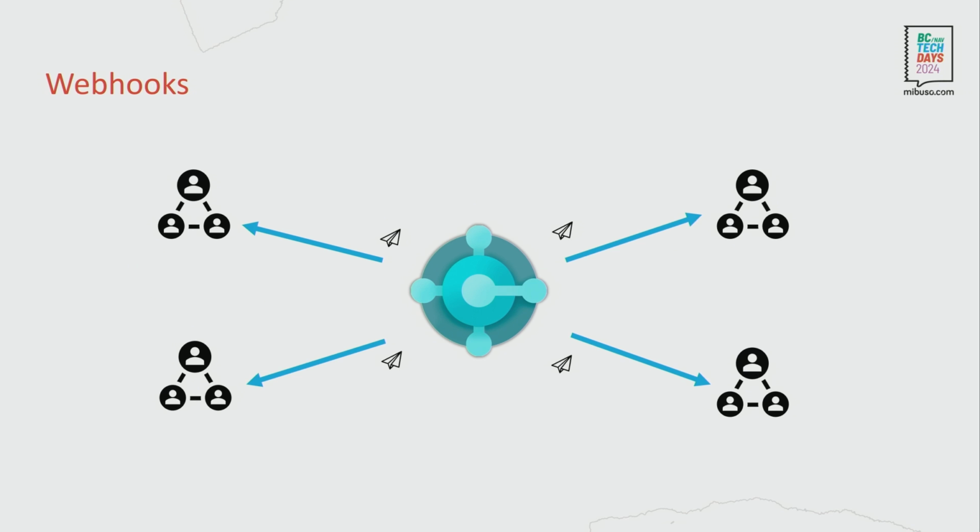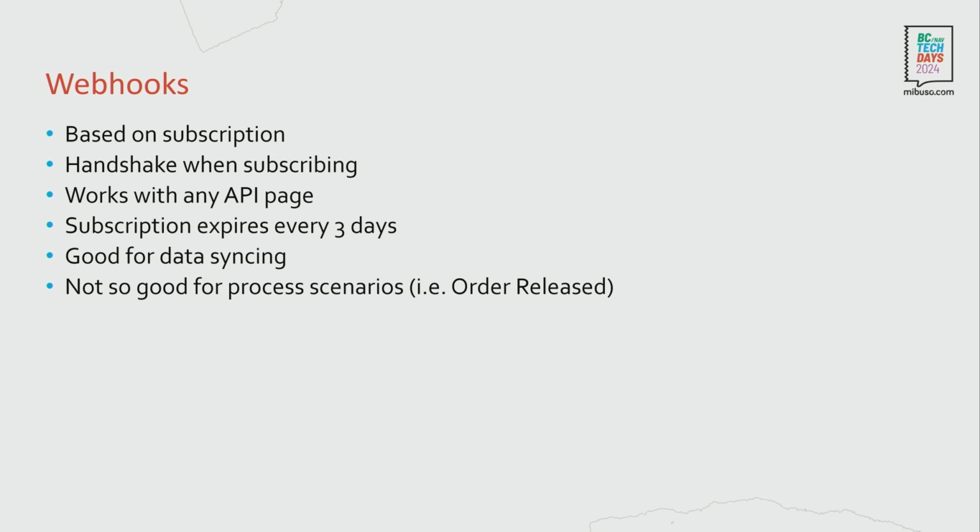Also, this is very scalable, so if multiple systems want to connect, Business Central will just send notifications everywhere. In order to see how these webhooks actually work, they are based on subscription. That means external systems need to subscribe to a specific resource in Business Central to get notifications.